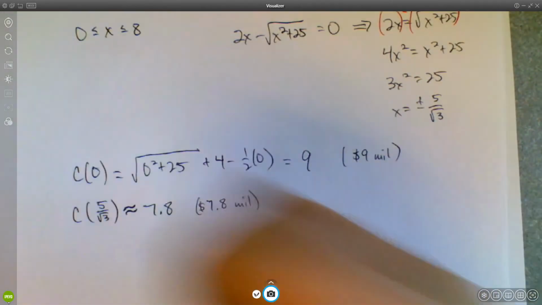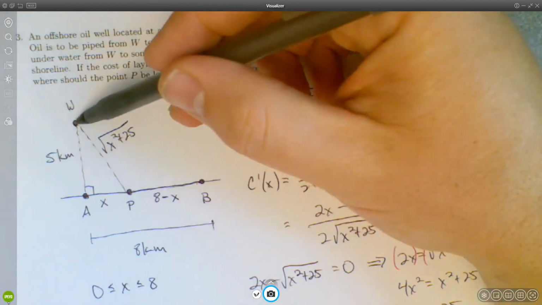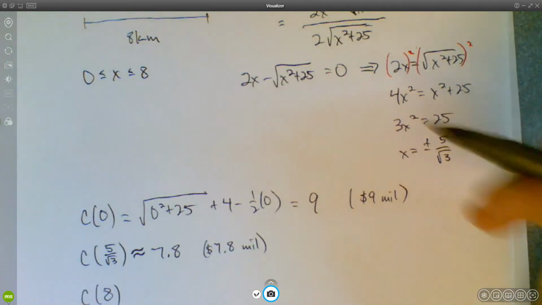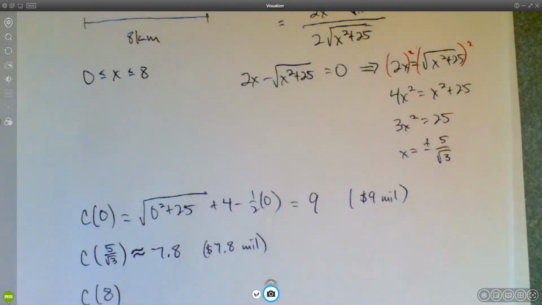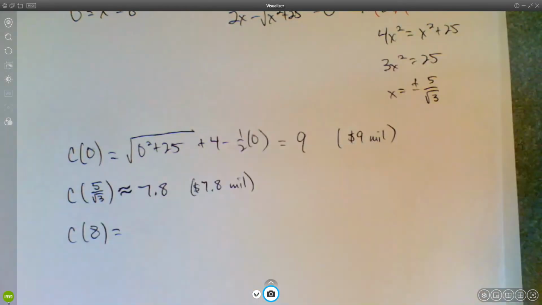Okay, and then what's the cost when x equals 8? So when x equals 8, that means we go straight from W straight to B, right? All of that minimizes the distance, it minimizes the amount of piping, but it maximizes the amount of piping underwater, which is more expensive than piping over the land. So let's see what we get when we do that.